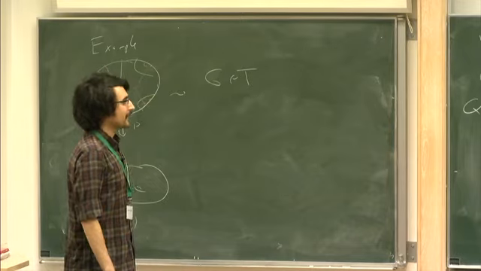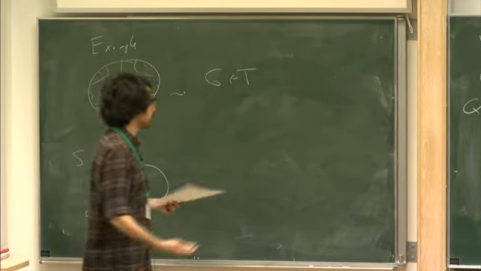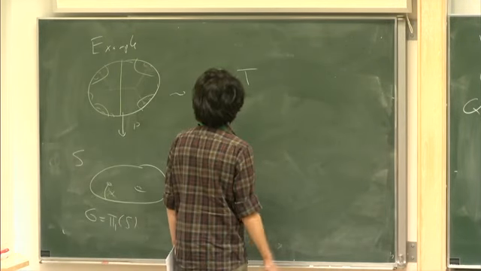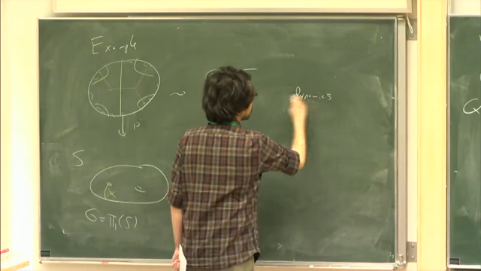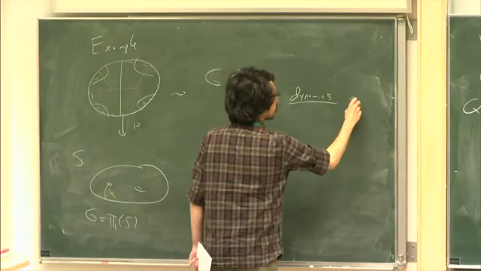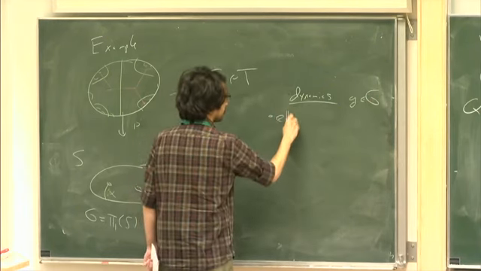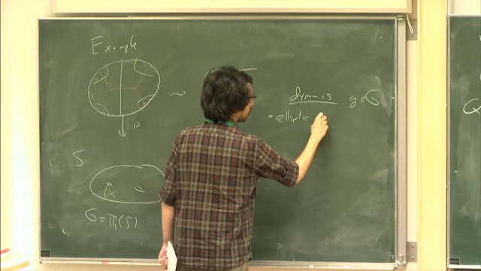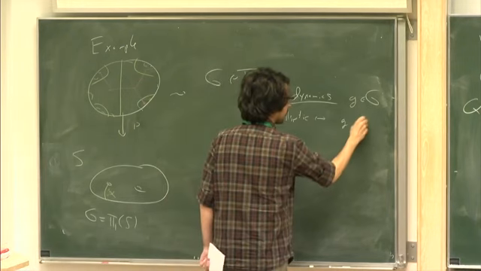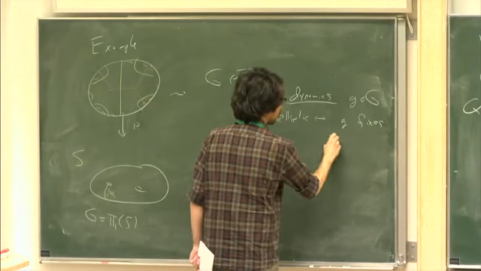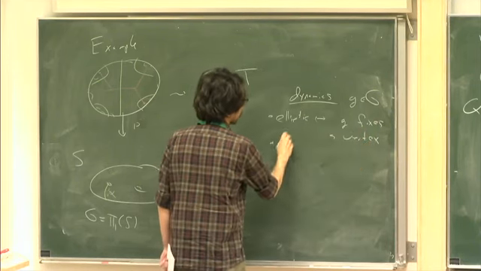So what do I mean by dynamical behavior? Well, I just have a group acting on a tree, so there's one of two different ways that an element can act. If g is in the group G, it could either be elliptic, which of course means that the element g fixes a vertex, or the element could be loxodromic.